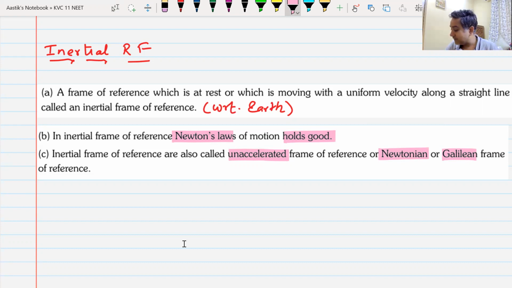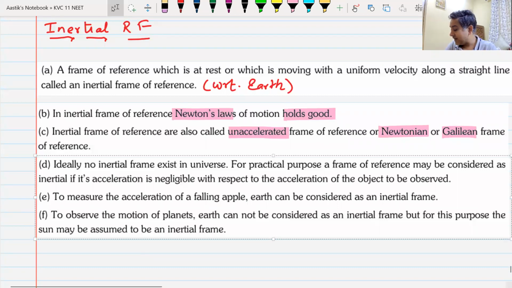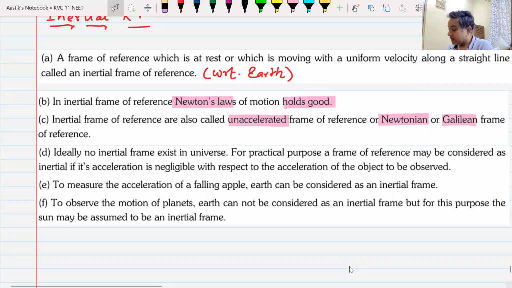I hope I am making sense. Inertial reference frame. Okay. Now remember, the first line is important. And what does the first line say?